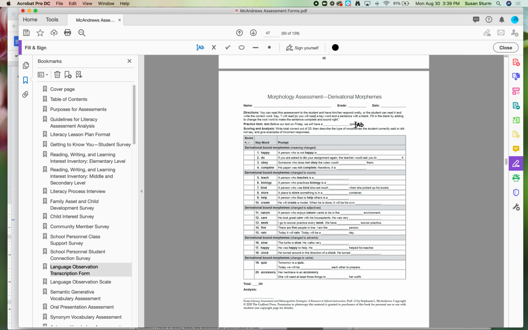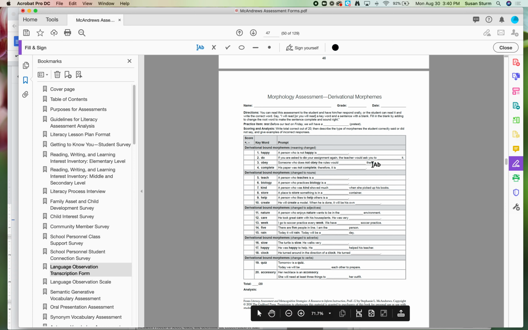So they have to understand the meaning of that sentence and how to change that root word in order to add the prefix pre to make it make sense for pretest. So you're going to write the total correct out of all 20 of the words, and then you should describe the type of morphemes that the student got correct, or the ones they couldn't say, and any examples of incorrect responses should be noted.